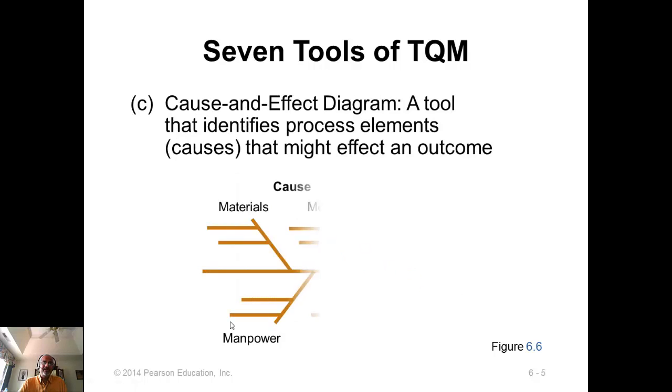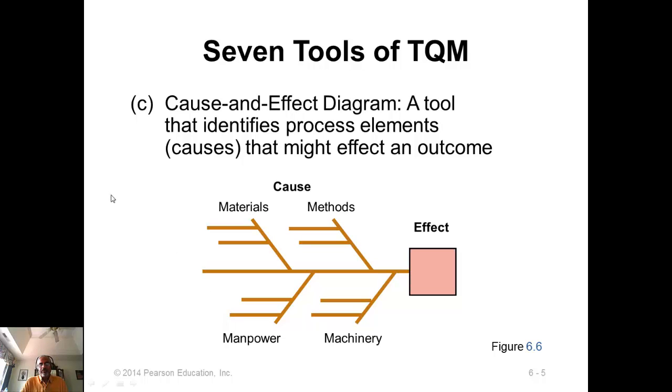Cause and effect diagram is you have a problem, okay, you have an effect. What are the causes of that particular effect? So that's what this cause and effect diagram tries to illustrate. And there are 4 M's that are illustrated as causes.